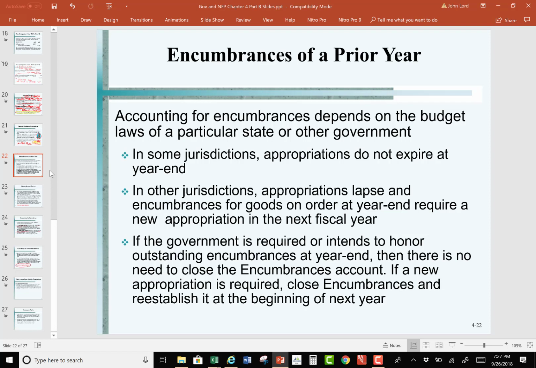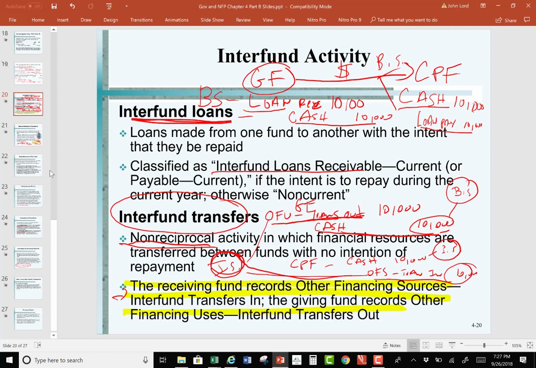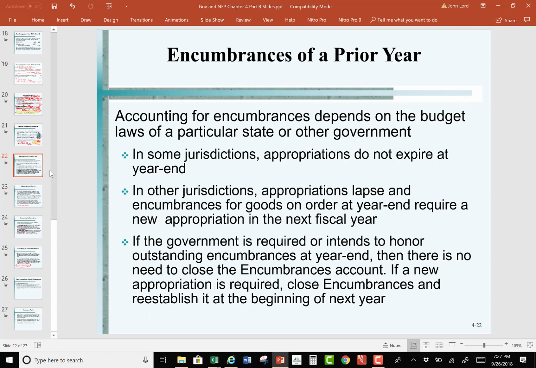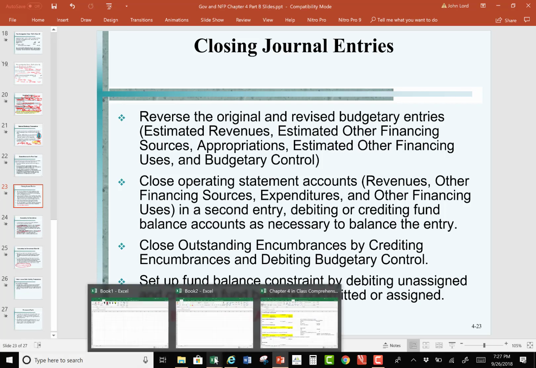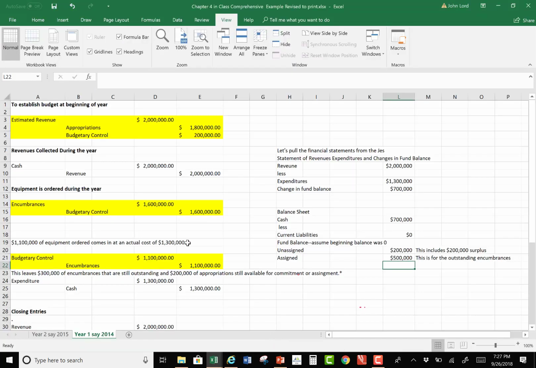So those are the two things we're looking at: encumbrances of prior year and closing entries. We're going to do that all from something else that is on Canvas, this comprehensive example.